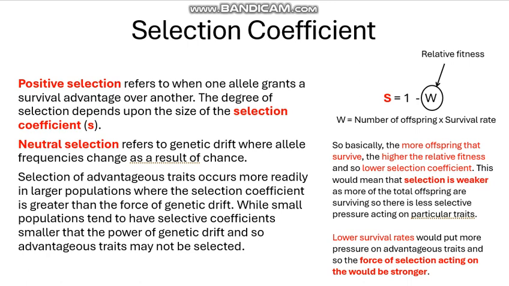So selection is just 1 minus the relative fitness, which is the exact same thing as what we're talking about in that other one.